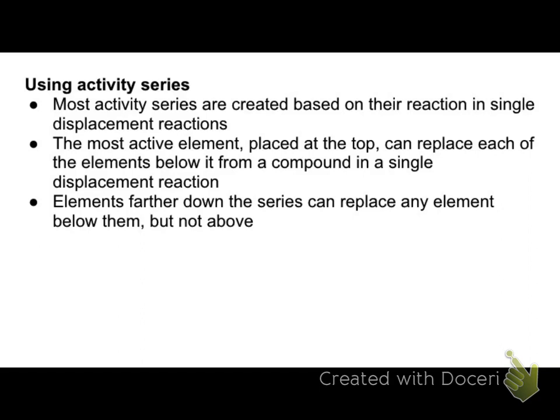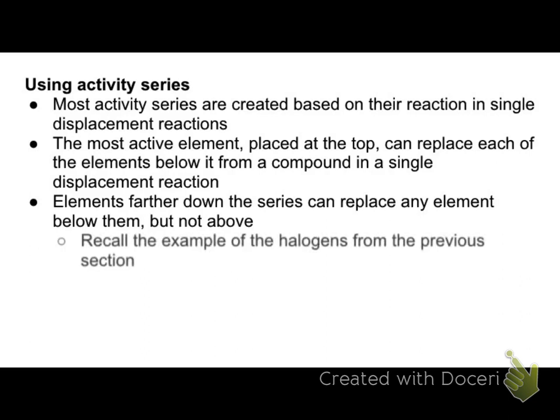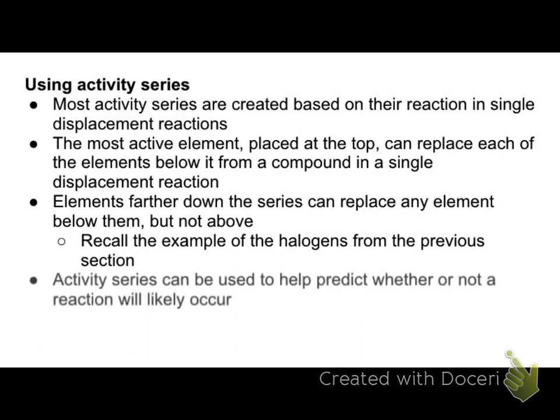If you look at the activity series in the green chart at the bottom of your notes, then the element that's at the top could replace anything underneath, but as you go further down, they can replace what's under them, but not what's above them. An activity series can be used then to help predict whether or not a reaction is likely to occur.